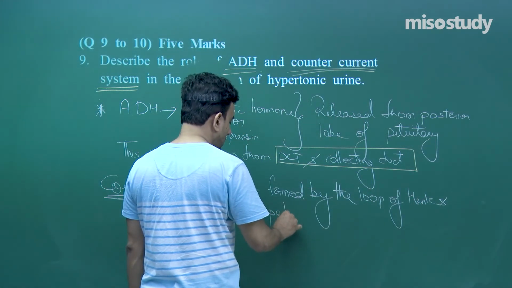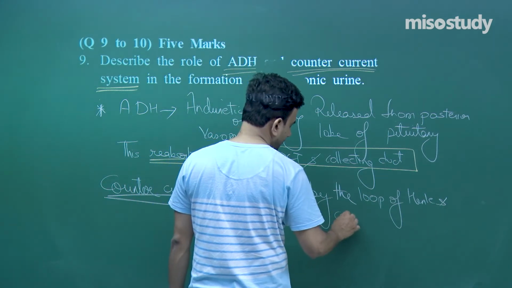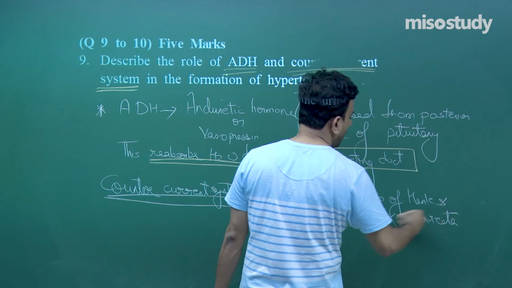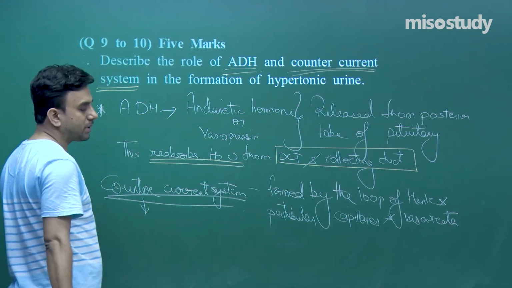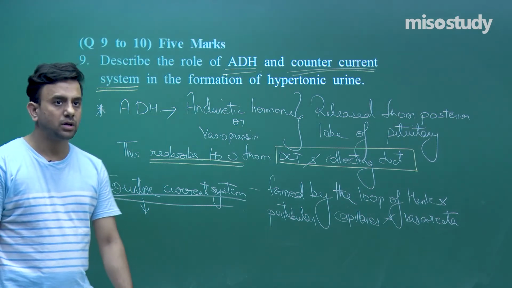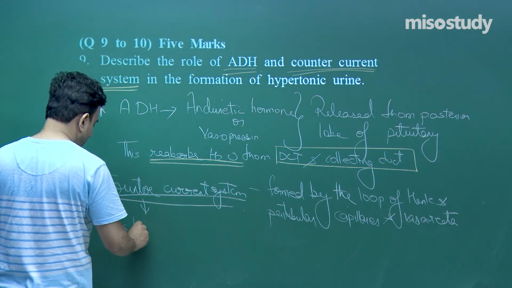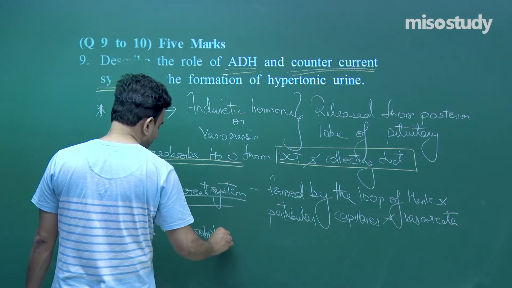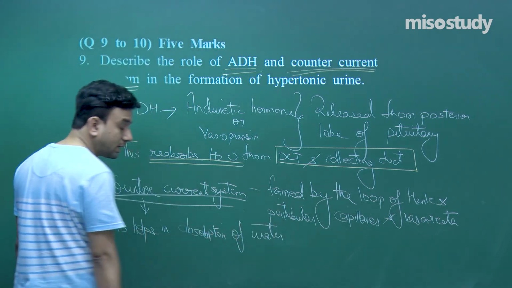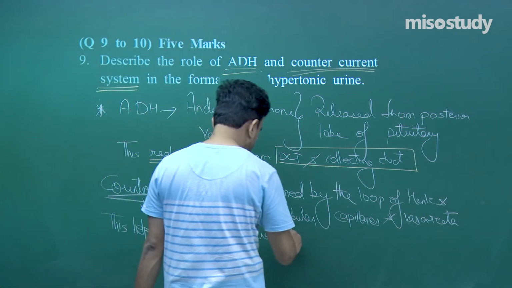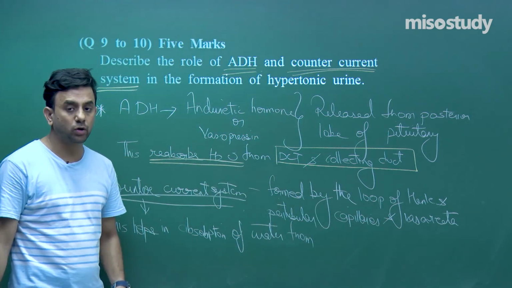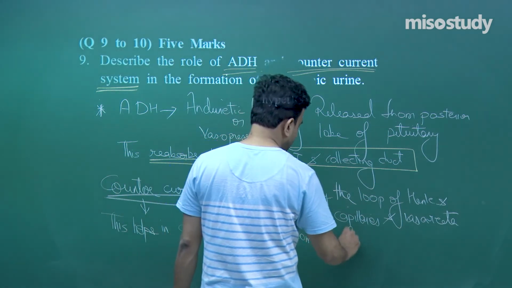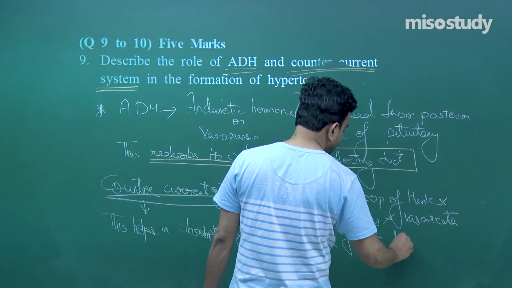The countercurrent mechanism helps in the absorption of sodium and other electrolytes, and when it is absorbing sodium and electrolytes, the water also comes out of the filtrate, thus concentrating the urine.